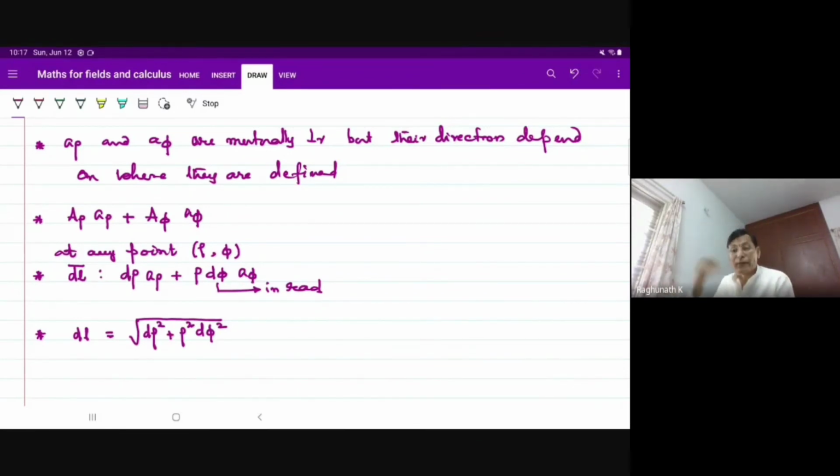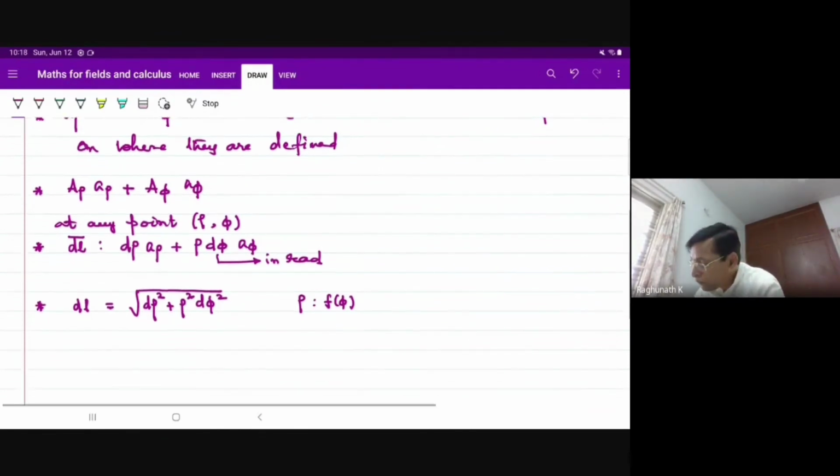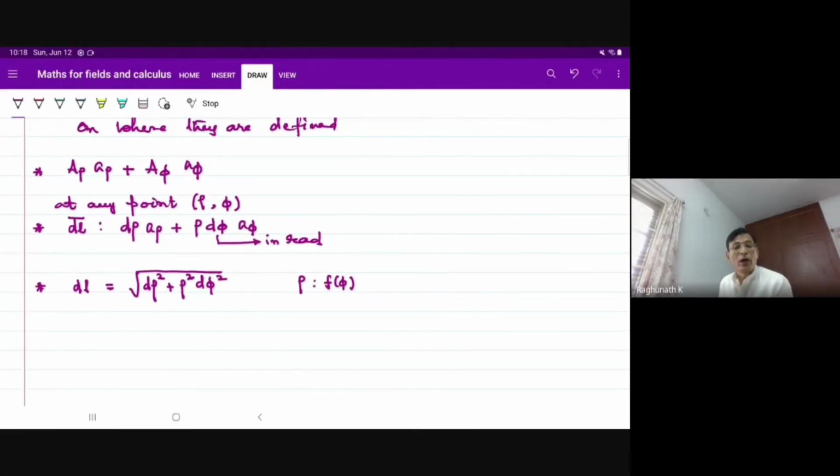If the line or curve is defined as rho as a function of phi, what is it I'll do? I will say that this is root of d rho by d phi whole square plus rho squared, d phi, if rho is equal to a function of phi.